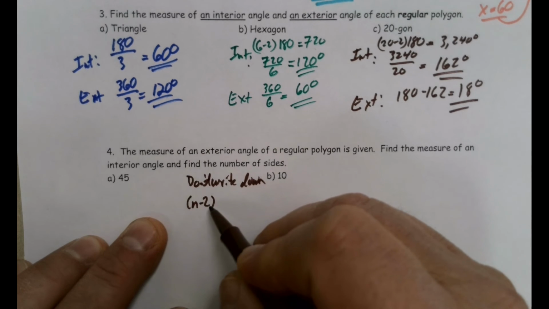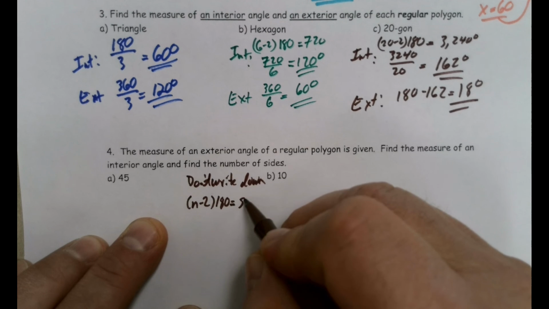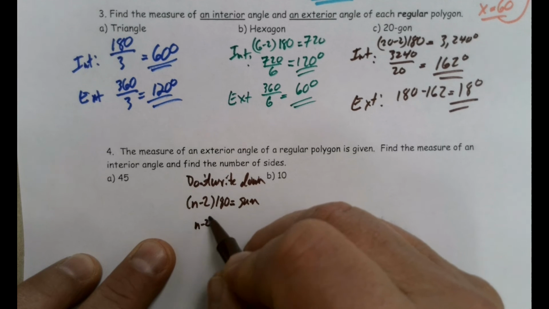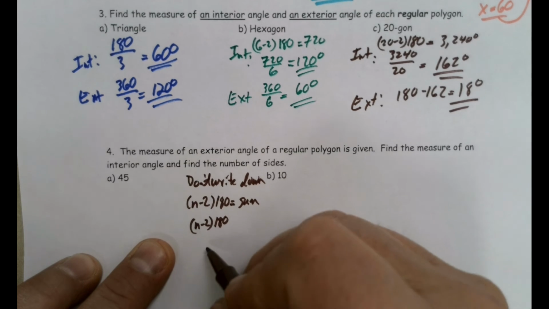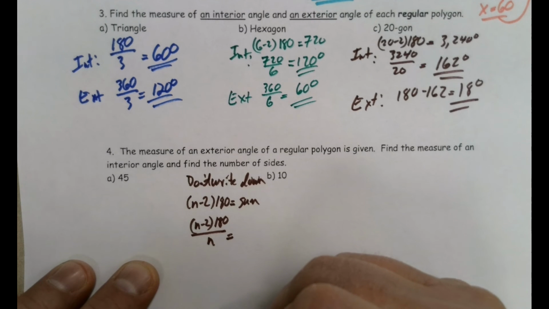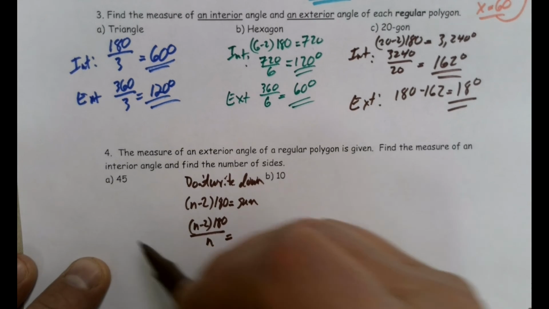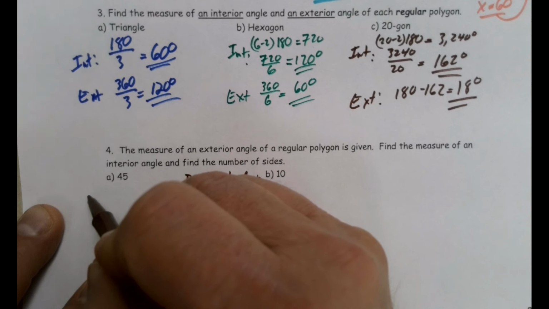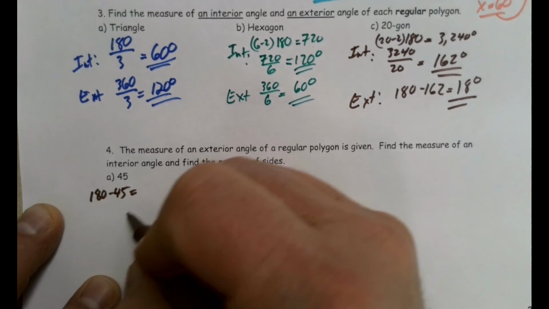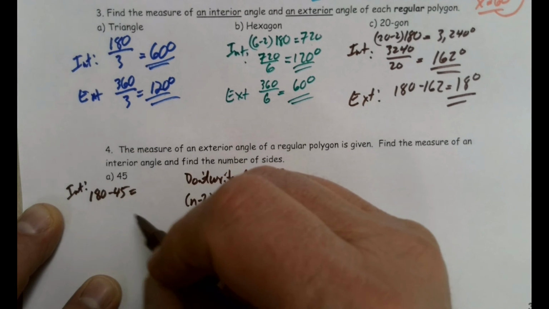All right, we got n minus 2 times 180 equals the sum of the interior angles, okay? And so if I take that n minus 2 times 180, and I divide it by n, I know I'm going to get this, because that's an exterior, so 180 minus 45 tells me the interior angle, not the sum of the interiors.